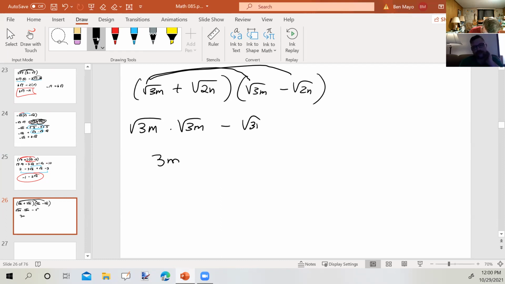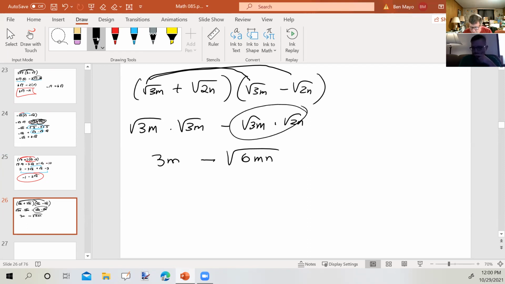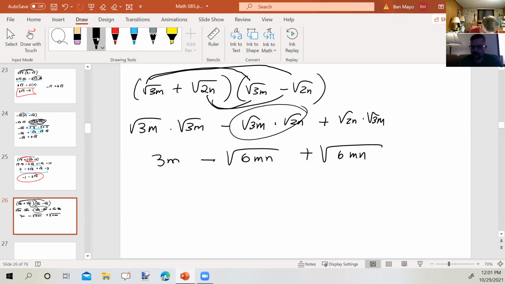Minus the square root of 3m times the square root of 2n, which is minus the square root of 6mn, putting these two together inside the same radical, plus the square root of 2n times the square root of 3m, which is plus the square root of 6mn, minus the square root of 2n times the square root of 2n, which is minus 2n.